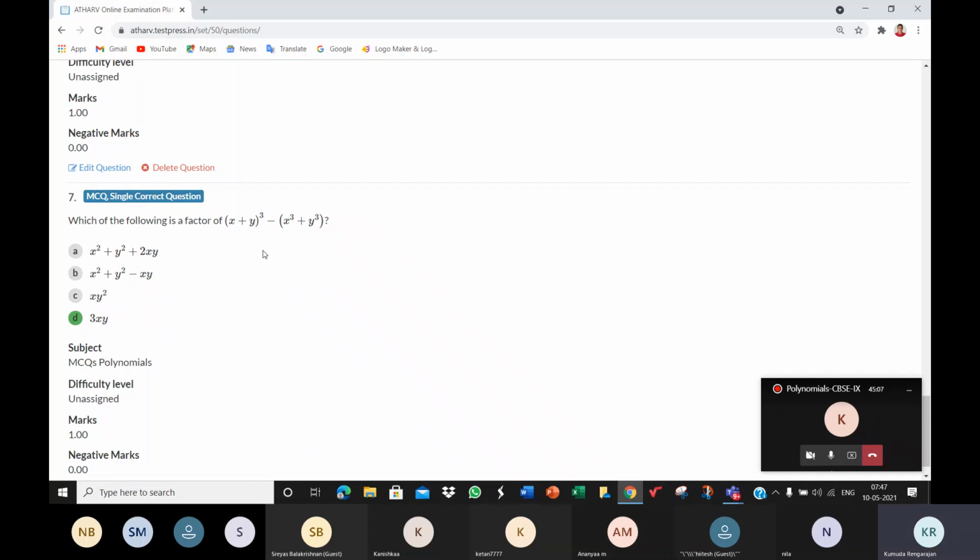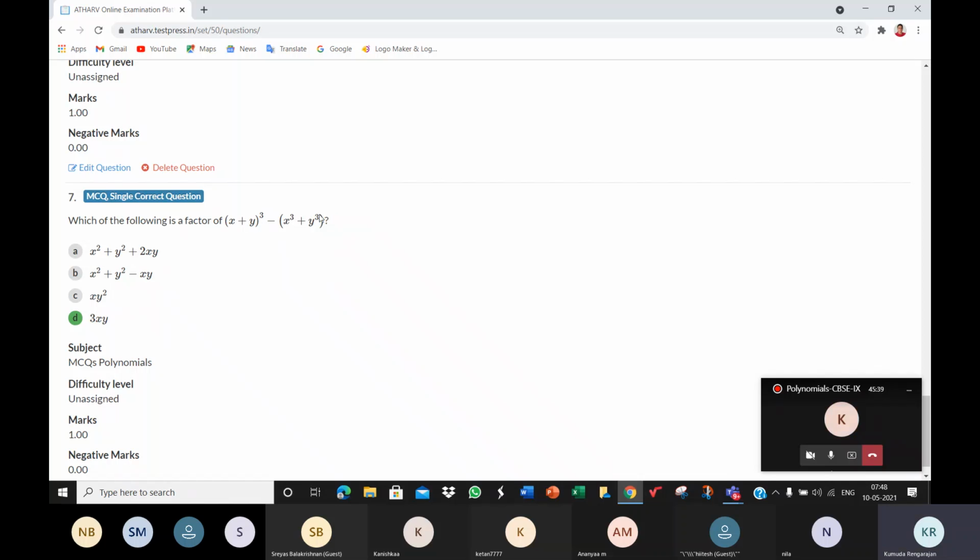So 3xy common, in the bracket you have x plus y. Now, what's the answer? When you simplified this, we got 3xy into x plus y. So those are the two factors of the given expression. 3xy is one factor of this expression and x plus y is the other factor of this expression.